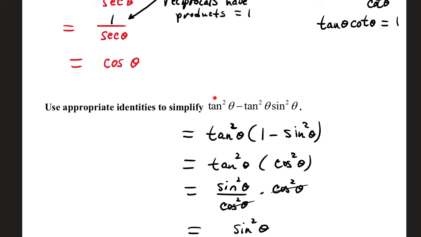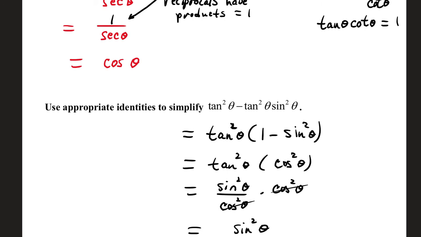That's 1 times tangent squared theta minus sine squared theta times tangent squared theta. If you factor out a tangent squared theta, that's going to leave a 1 minus sine squared theta. If you were to redistribute, you get the original problem. So you know it's factored correctly.